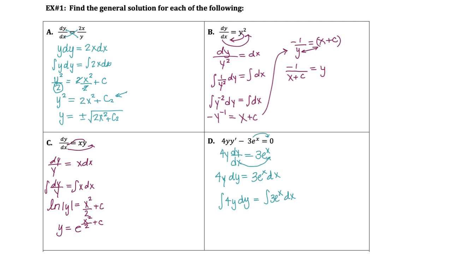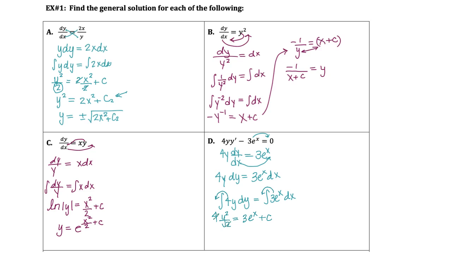Okay, now we are going to move out our constants and integrate. So I always move out that 4. And so that's going to be y squared over 2 equals, I'm going to move out my 3. And if I integrate e to the x, I get e to the x back plus c.